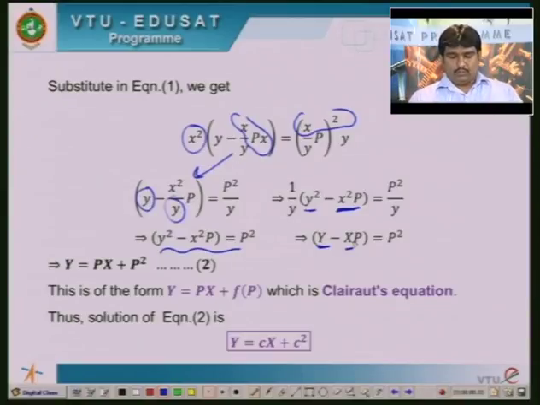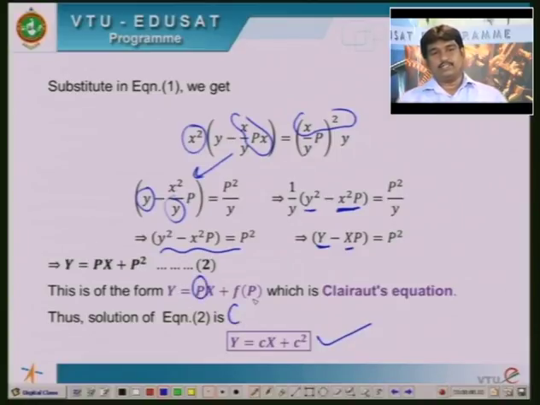Now this is Clairaut's equation in the new variables capital X and capital Y. Its solution is capital Y equals cX plus c square, obtained by replacing capital P by an arbitrary constant c.